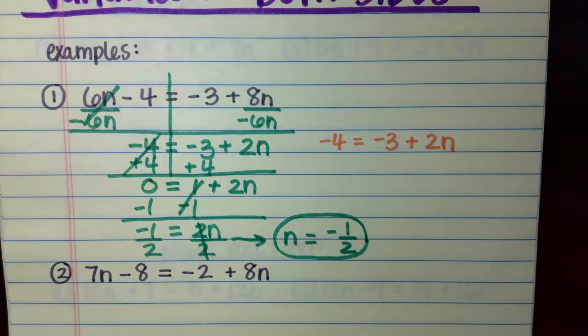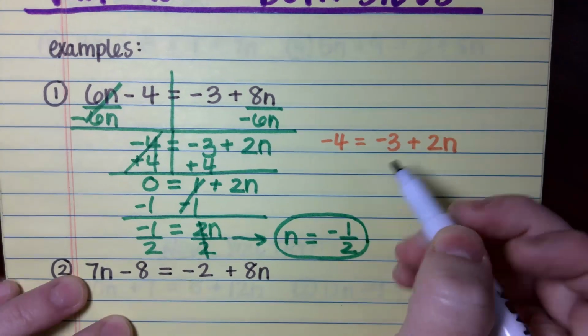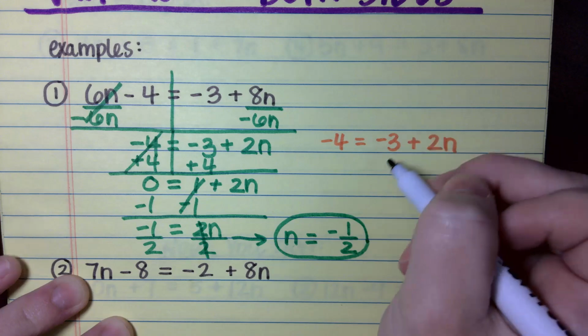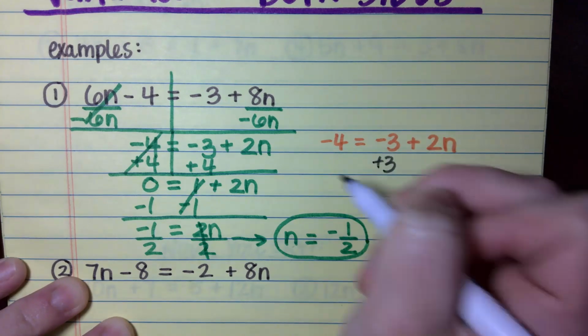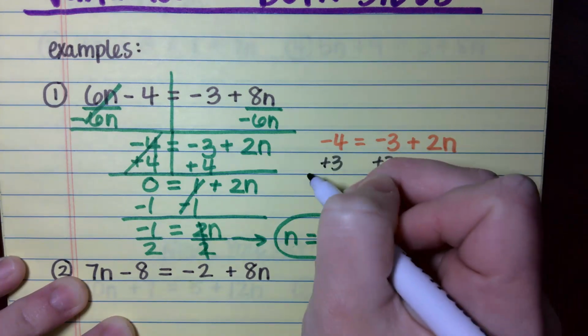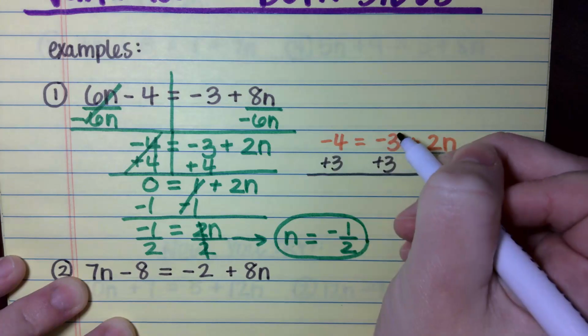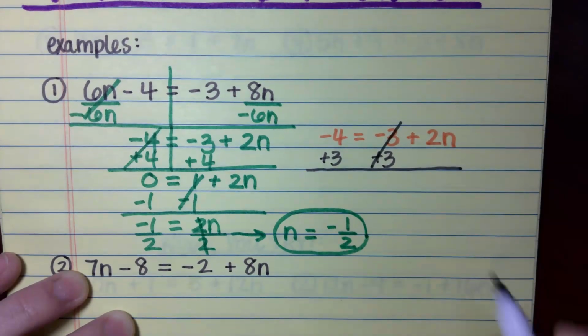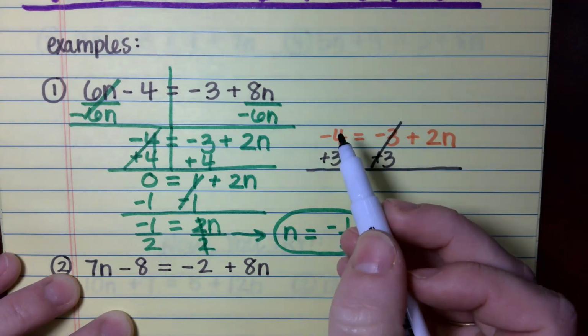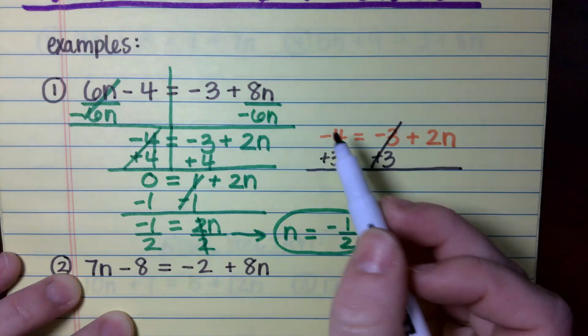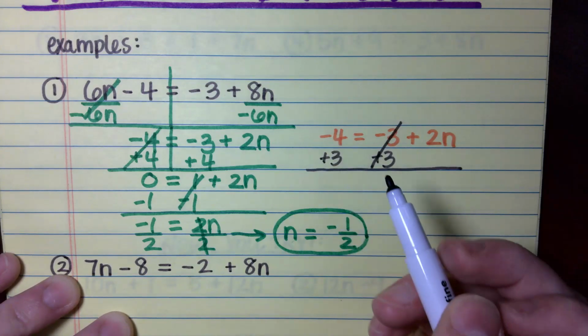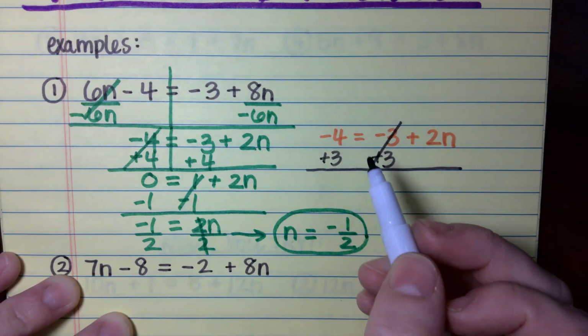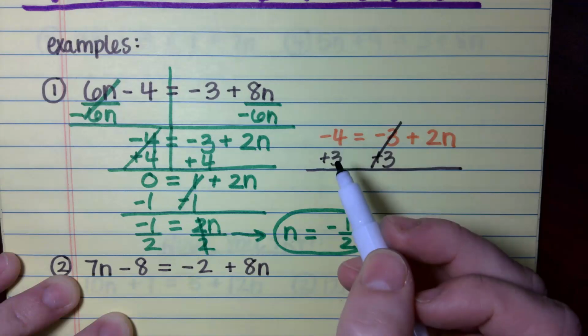So let's try this the shorter way. Let's get rid of negative 3. What would I do? Add 3 to both sides. My 3's cancel. What's negative 4 plus 3? Negative 1.